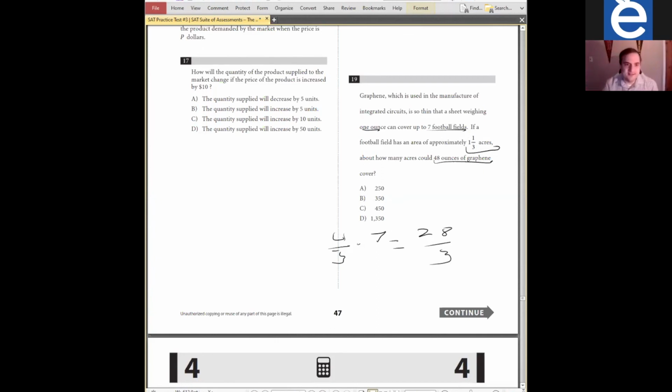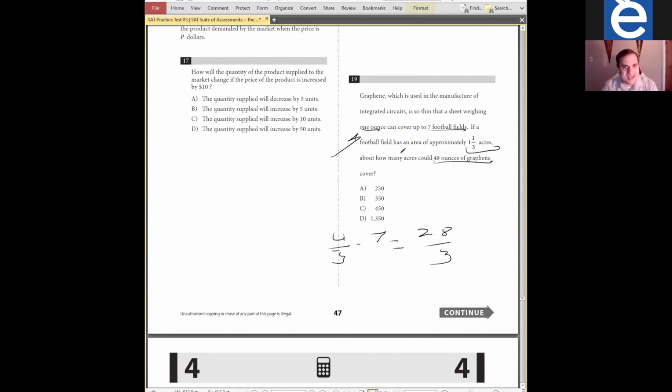Is that the best way of doing it? Yeah, so we have 28 thirds acres per ounce, right? Because it's 7 football fields, and if each football field is 1 1/3 acres, that's what's going on there.